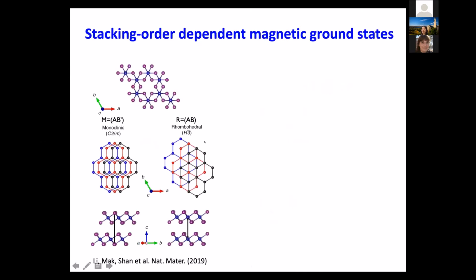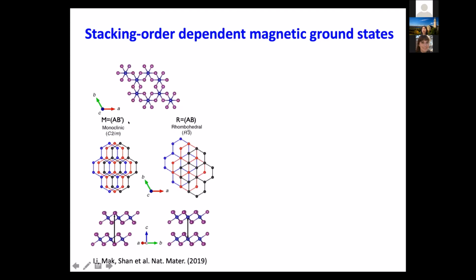It turns out that this material has two different stacking order. One is called a monoclinic. You can just think of like a shifting each layer by a third of the distance along the A-axis.